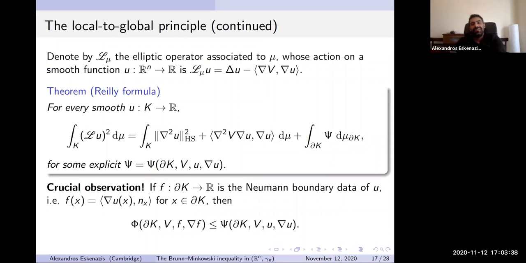If I'm not mistaken, in the inequality which I claimed is trivial, so this phi being bounded above by psi, I think that you use that the Hessian is a positive definite matrix, and that's probably how you apply AM-GM. So I would not know where to start with more general.